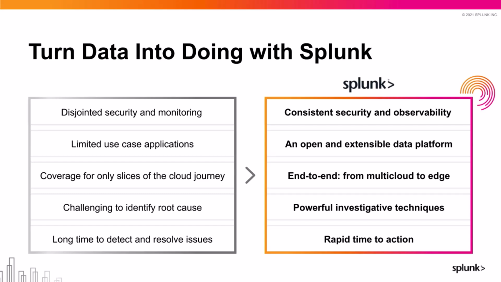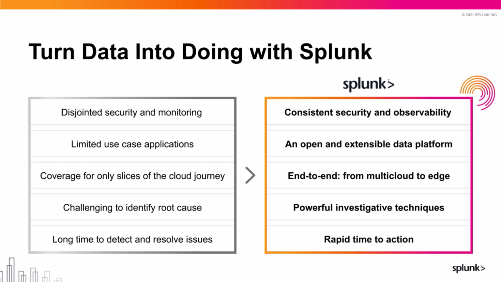Splunk is built for the reality of securing, operating, and innovating fast and effectively in the multi-cloud and hybrid environment. Nobody wants one tool to monitor AWS, another for GCP, and still another for their on-prem infrastructure. And they don't want one tool for infrastructure, one tool for network monitoring, one tool for application monitoring.